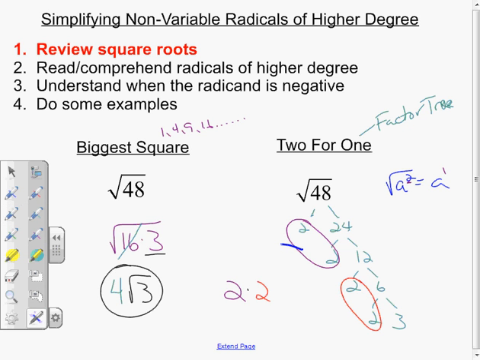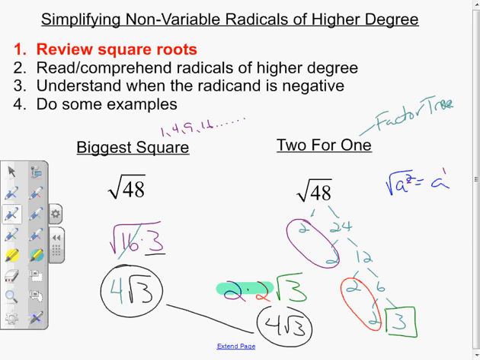Again, these 2 became 1, these 2 became 1. And then I notice that left inside the radicand is a single 3. It has no pairs or partners, so I'll leave that inside the radical. Then continuing to simplify the part that I can, I'll write the answer with root 3. We see very quickly that these answers are the same.